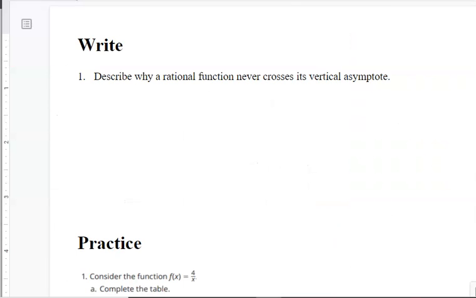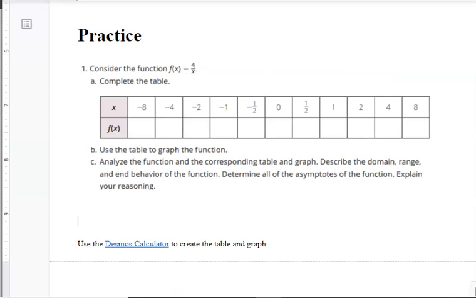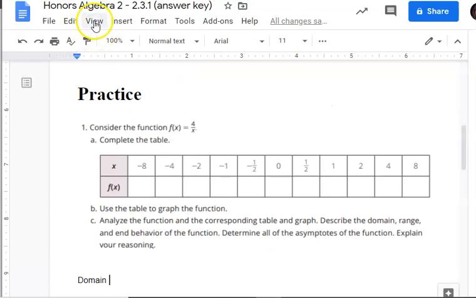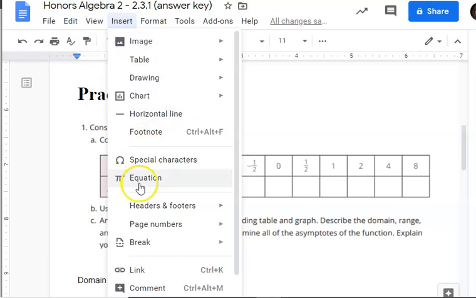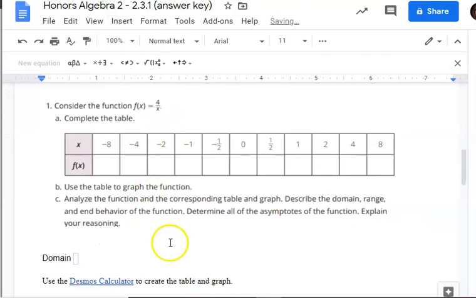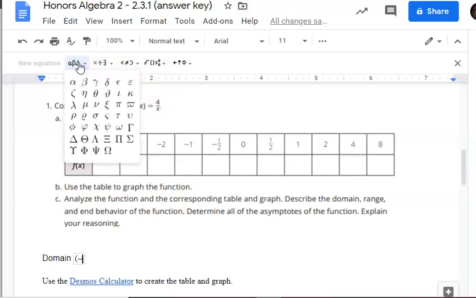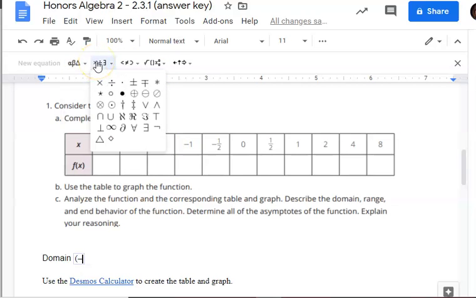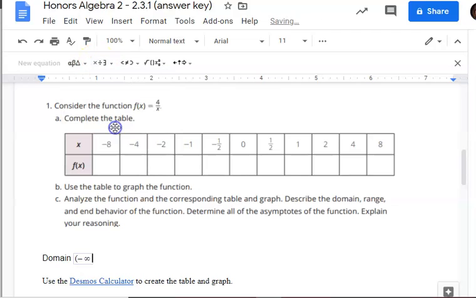So let's see how we would type that. I'm just going to type domain, and let's use our equation editor here. If you do insert equation, we open parentheses, -infinity, let's see where that is. There it is.